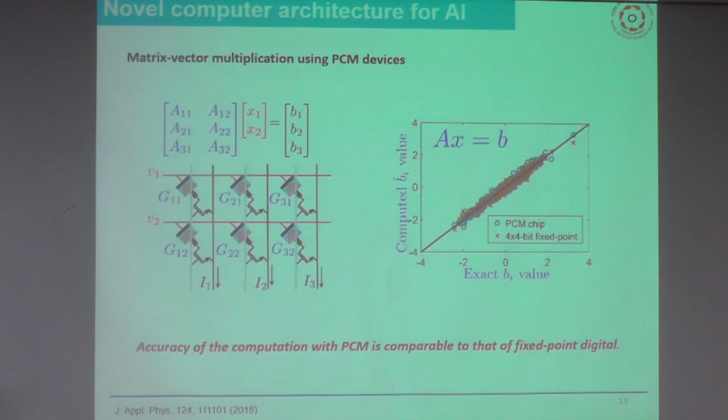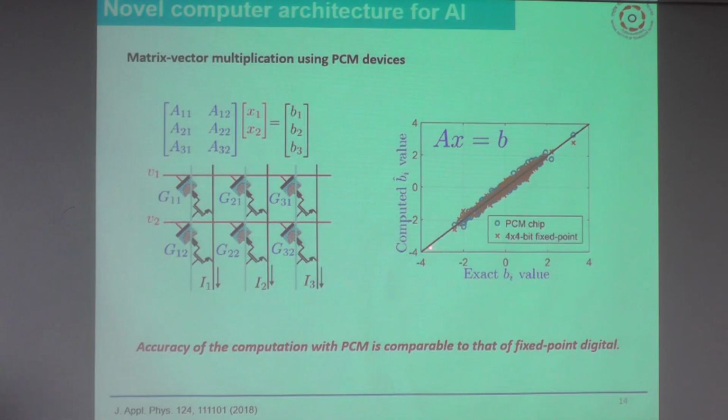What they have done is design this memory array where each memory cell can be identified as a different conductance level, and then they can mimic the computational operation of matrix vector multiplication using the PCM device.